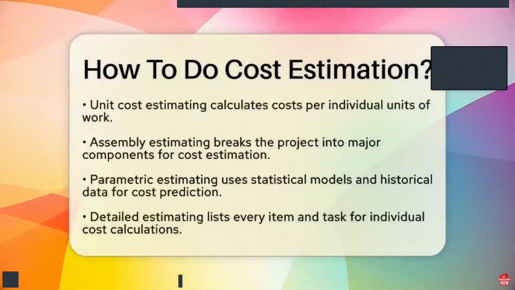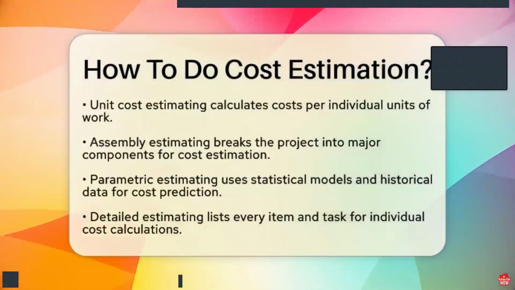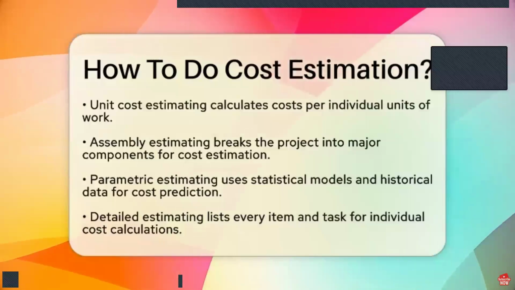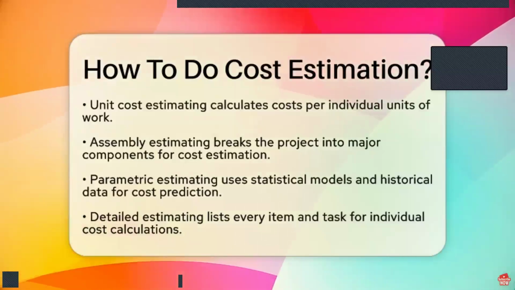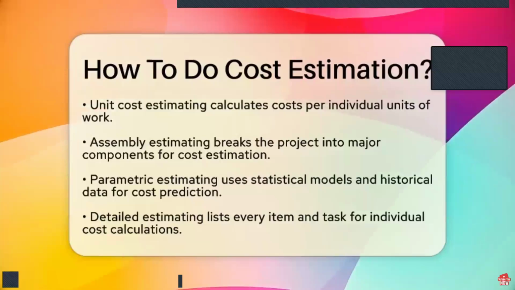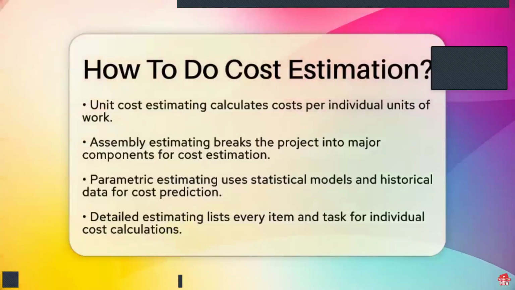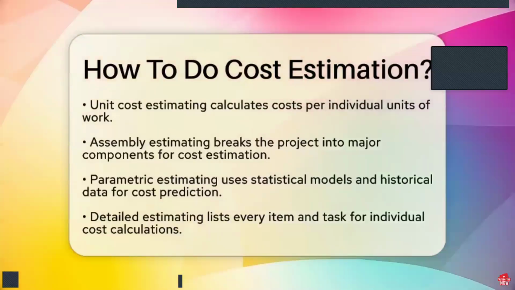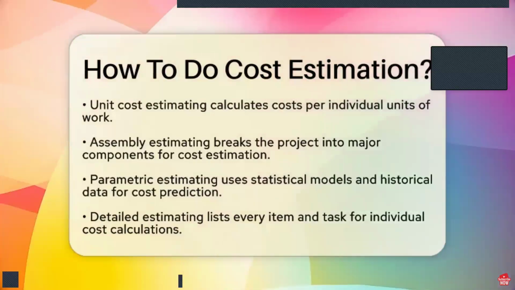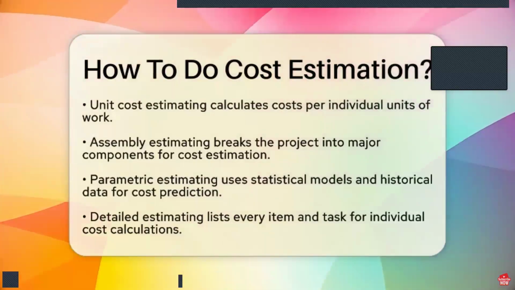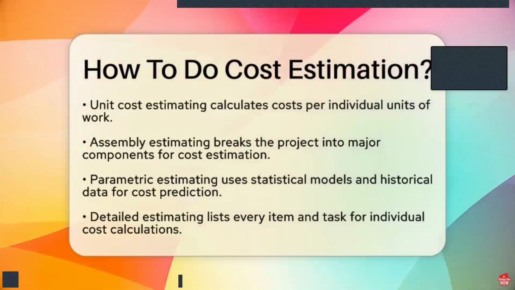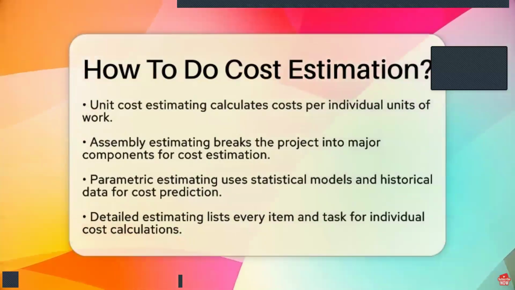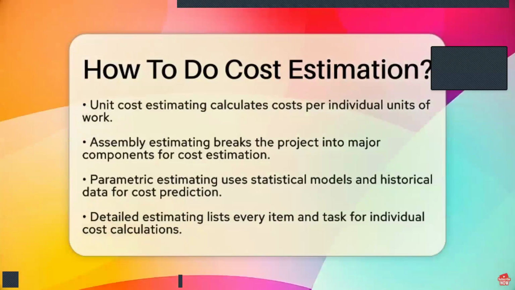You might also consider parametric estimating. This approach uses statistical models and historical data to predict costs based on project variables like size and complexity. Lastly, detailed estimating is the most accurate method. It involves listing every item and task required for the project and calculating their costs individually.